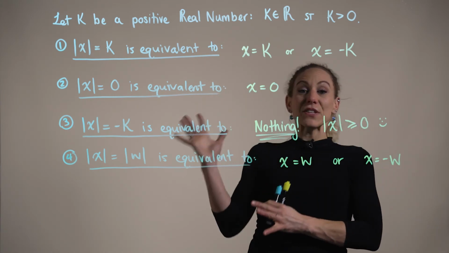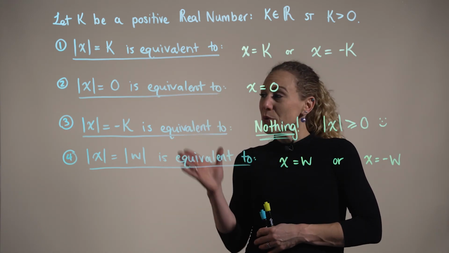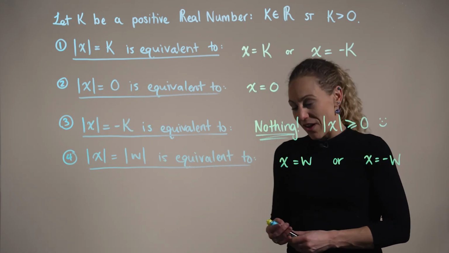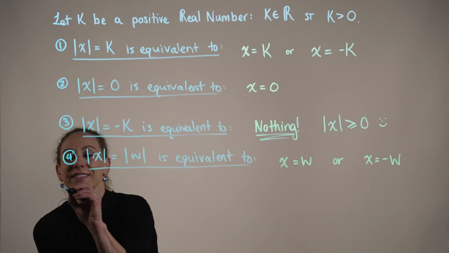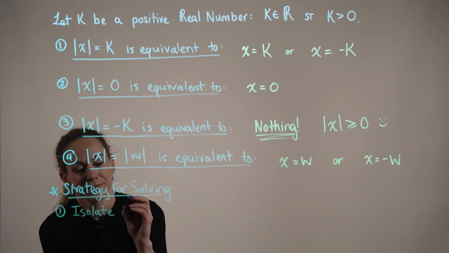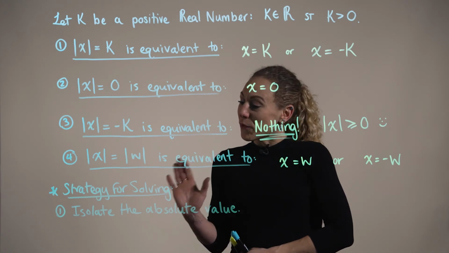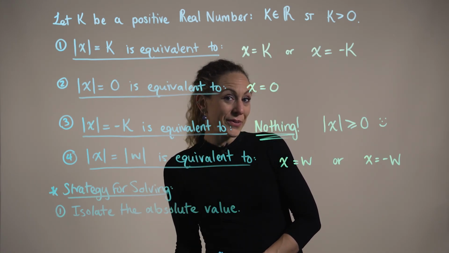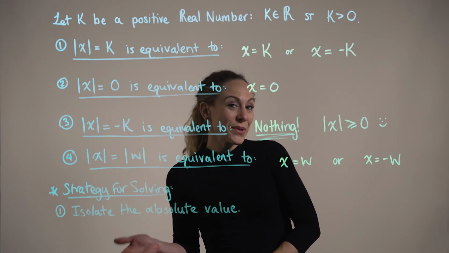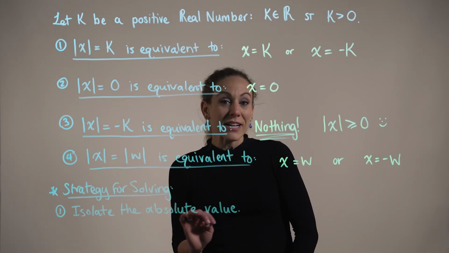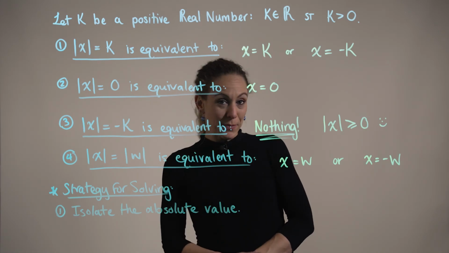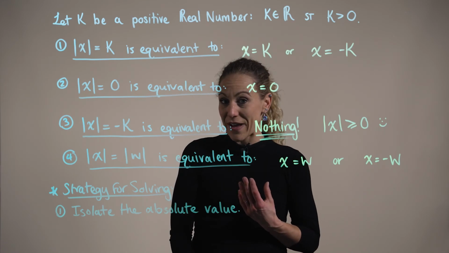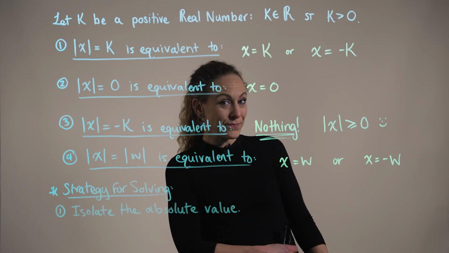Now that we have these four ways to rewrite an absolute value equation, we're ready to set up the strategy to solve. Step 1 for solving an absolute value equation is to isolate the absolute value. Again, just like with radical equations, keep in mind that if you have two absolute values in your equation, simply choose one of those absolute values and isolate that one.